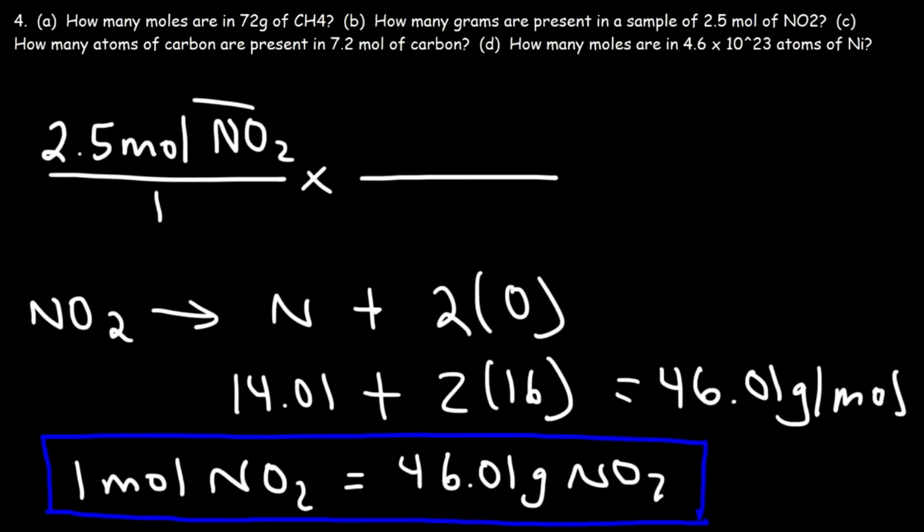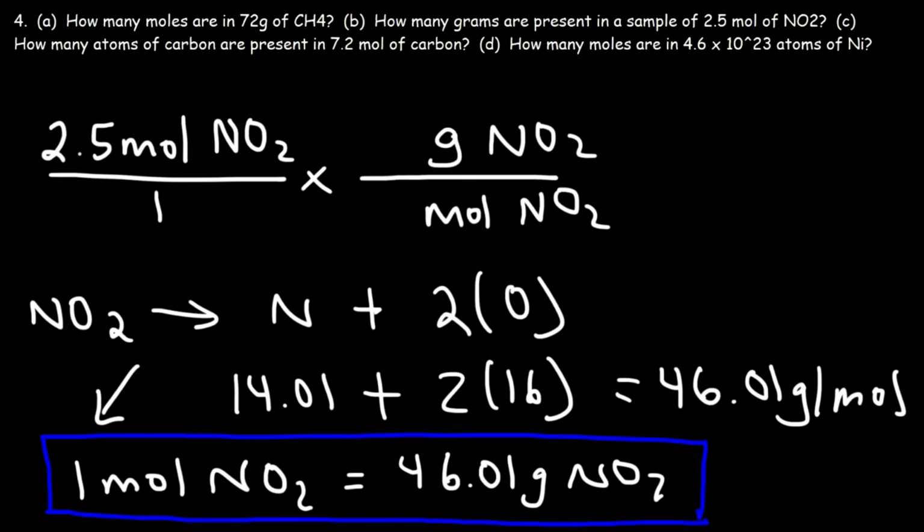Looking at the unit on the top left, we have moles of NO2, so we need to make sure that it's on the bottom right. On the top, we're going to put grams of NO2. The number associated with moles is 1, and the number associated with the grams is 46.01.